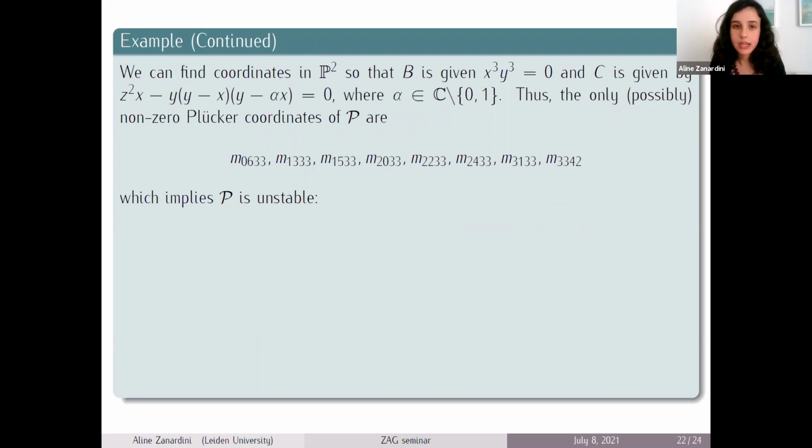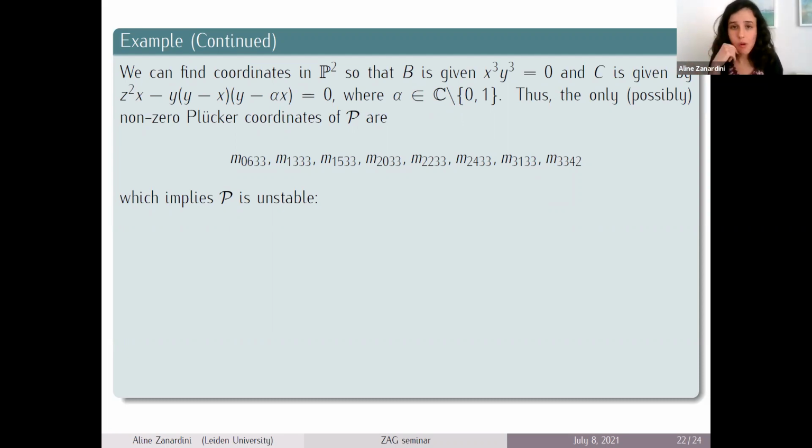Okay, so why is this pencil unstable? Well, what is nice about this example is that the curve B is very simple, so it's just 2 triple lines. So we can choose coordinates in P2 so that the equation for B is just x cubed y cubed equals 0. And in fact, the equation for C is also simple.